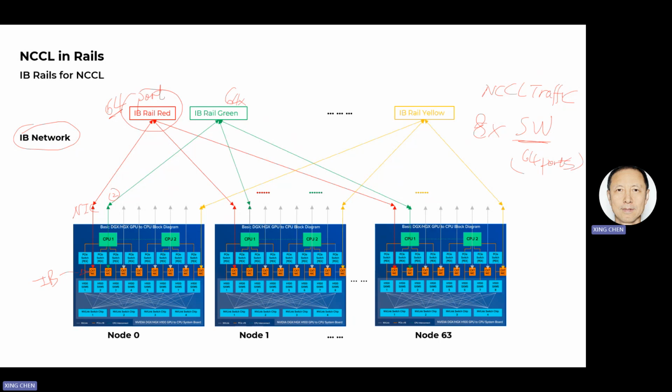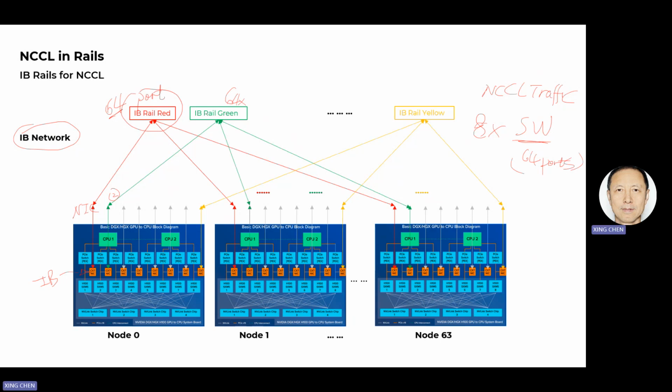It's not a fabric. It's low cost. You have fewer switches, fewer cables, but the communication can be done, and it will satisfy the NICO communication. Okay, this is basically what we need to learn from these technical details of the NICO implementation.